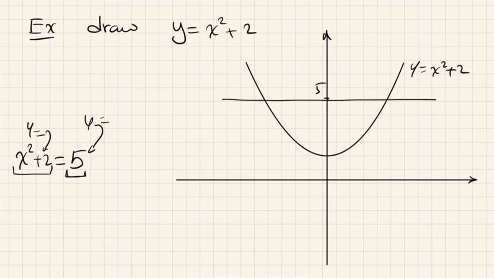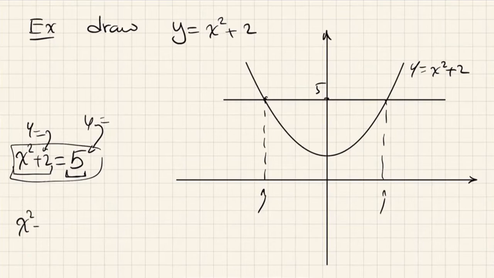So you have to draw this line like this, and this x and this x are the solutions of this equation. If I told you I want x squared plus 2, sorry, equal to 3, what you have to do in this case is use this graph already drawn.